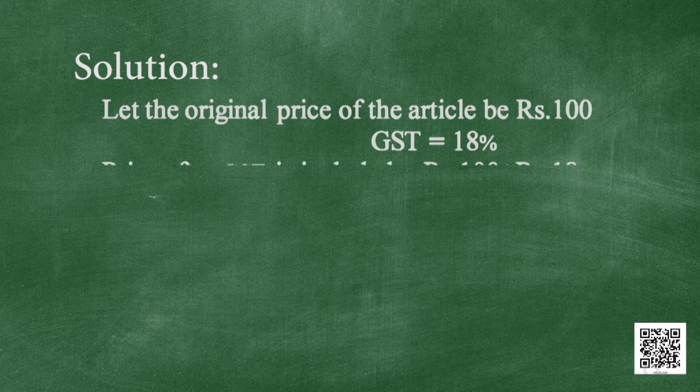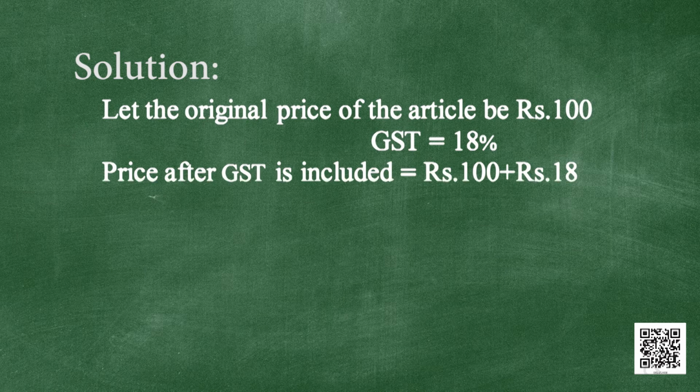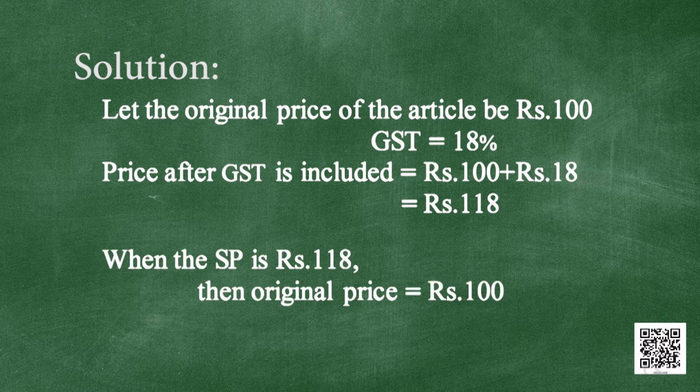Let the original price of the article be rupees 100. Since GST is equal to 18%, price after GST is included will be given by rupees 100 plus rupees 18, which is equal to rupees 118. When the selling price is rupees 118, then the original price is rupees 100.